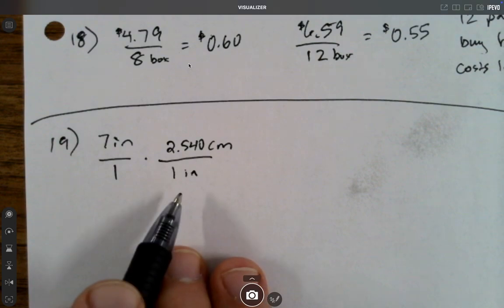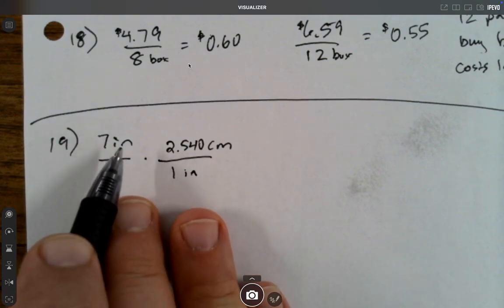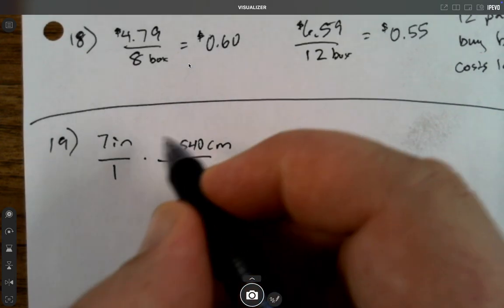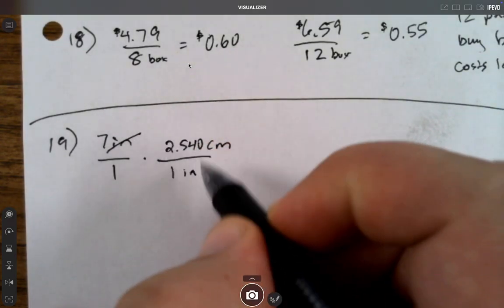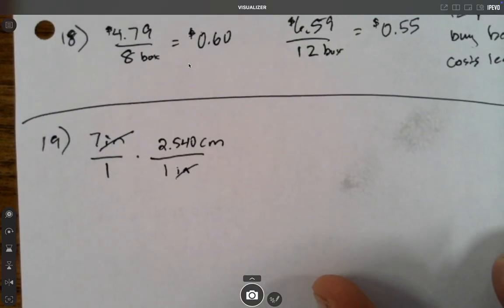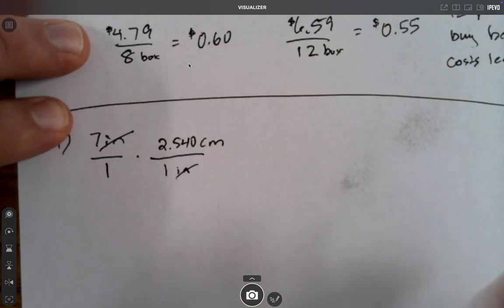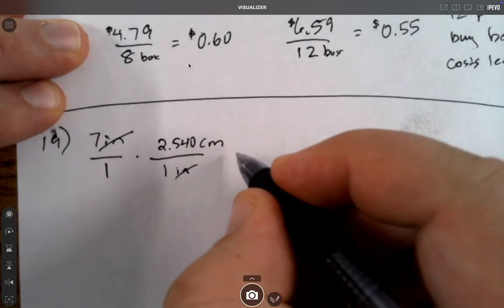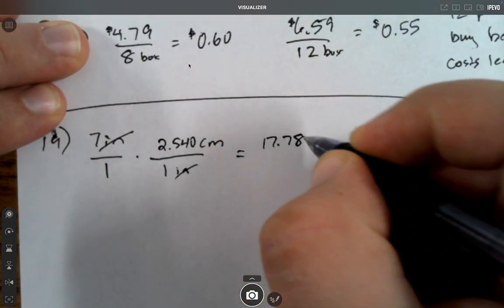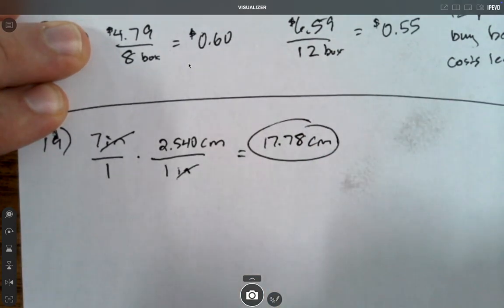The reason I put the inches on the bottom is because I always want the inches to cancel out, because it's centimeters I want to have, not inches. Since inches started on the top, I put it on the bottom, so just the unit inches cancels out. Then I multiply 7 times 2.540, and I get 17.78 centimeters.